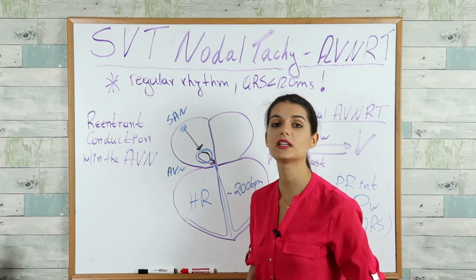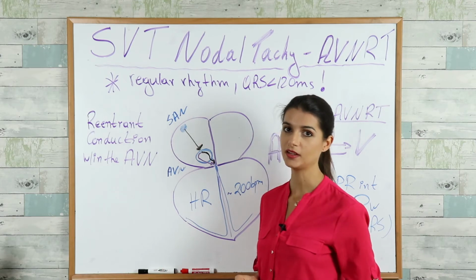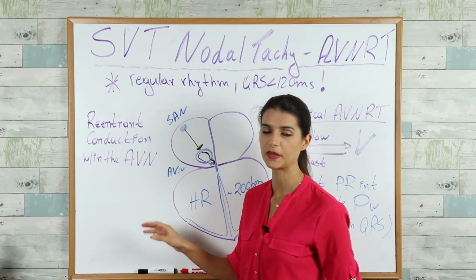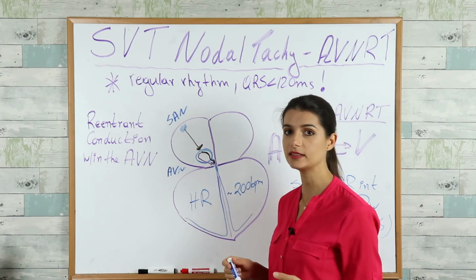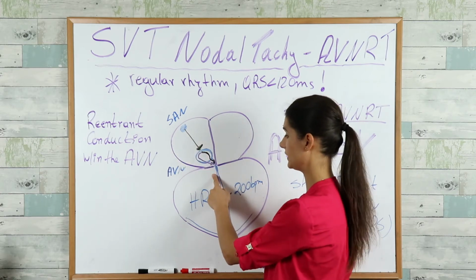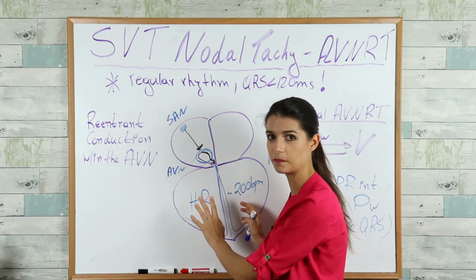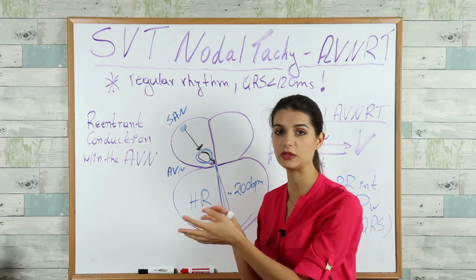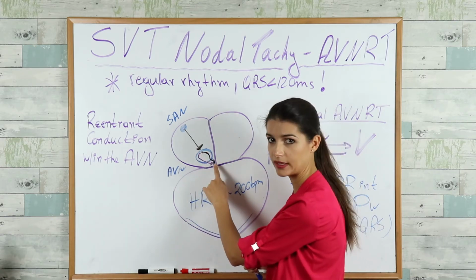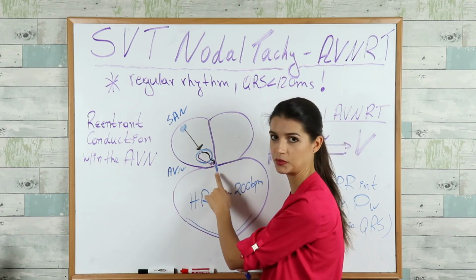In atrioventricular nodal reentrant tachycardia, we have a reentrant conduction within the AV node itself. Normally, when a signal travels from the sinoatrial node through the AV node and then through the His-Purkinje system, it can take two pathways within the AV node itself. It can take the fast pathway or it can take the slow pathway.